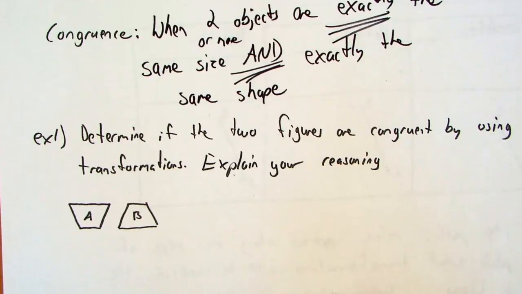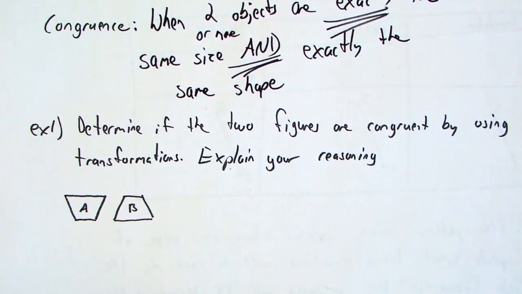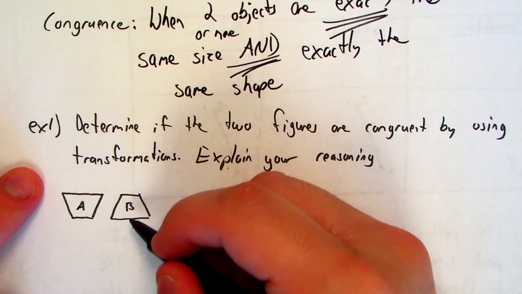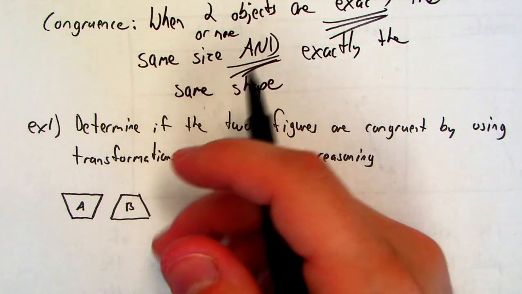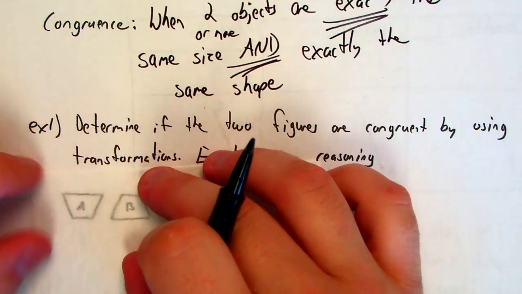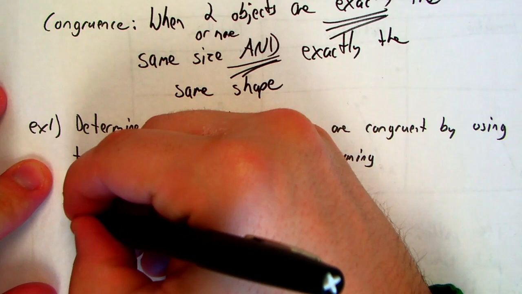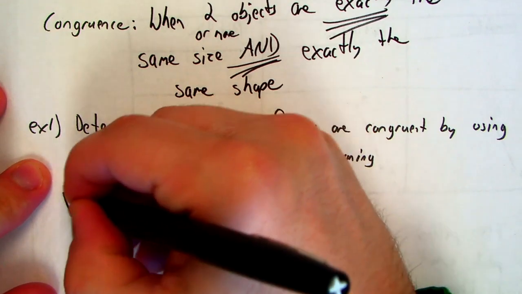It says determine if the two figures are congruent by using transformations and explain your reasoning. So first thing I want to do is go from A to B. I'm going to use my tracing paper here because it looks like it would be a rotation, but I want to just make sure.